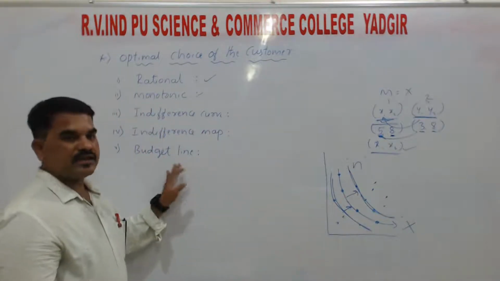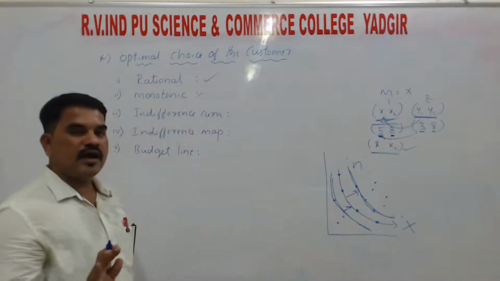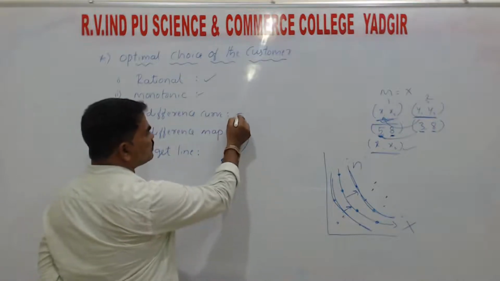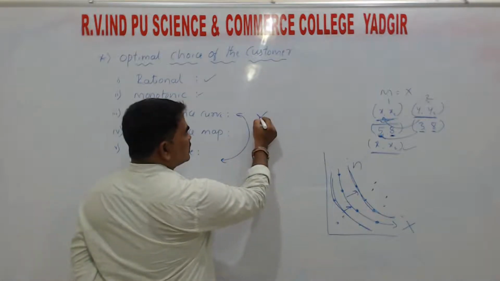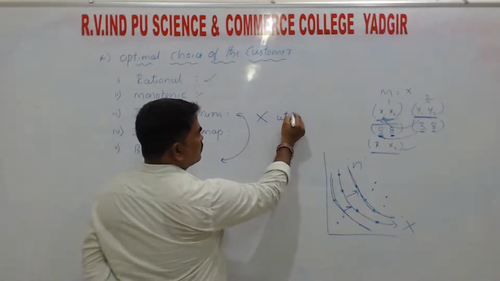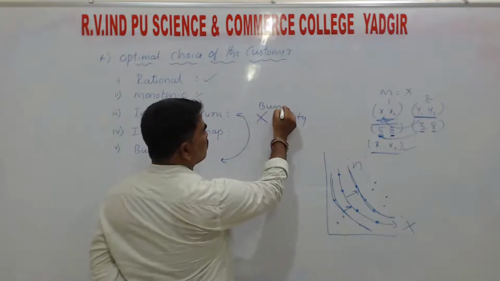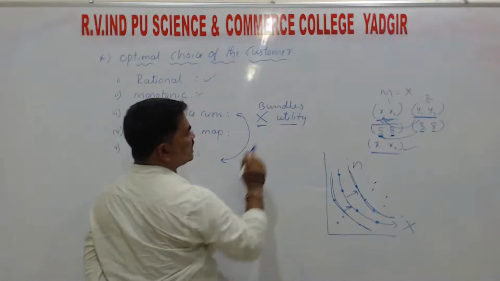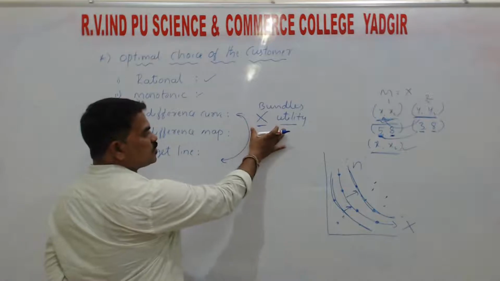And what do you mean by budget line? You have to understand very clearly the difference between indifference curve and budget line. Here, same utility. Bundles give him the same utility. We will only select those bundles.